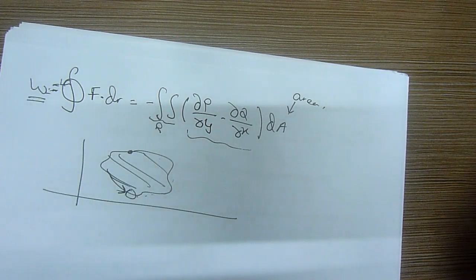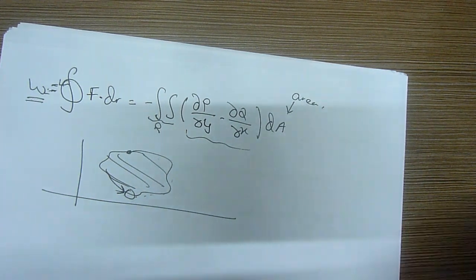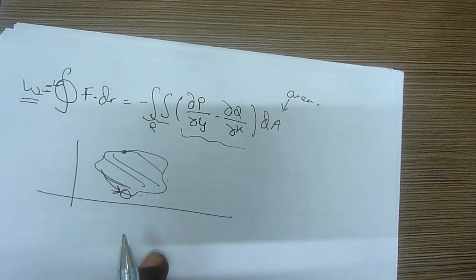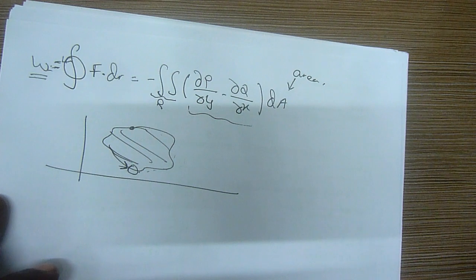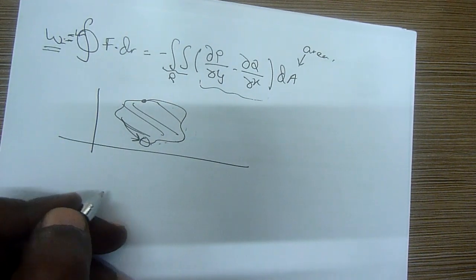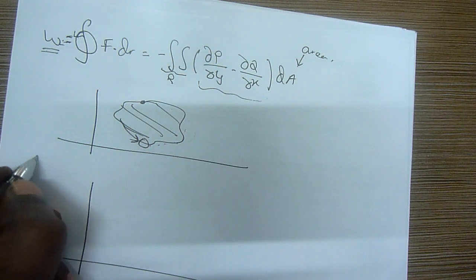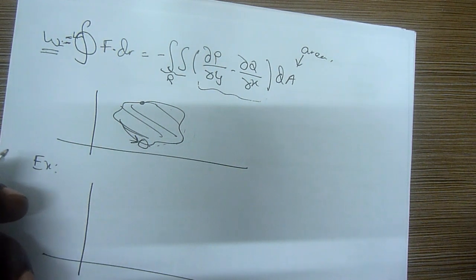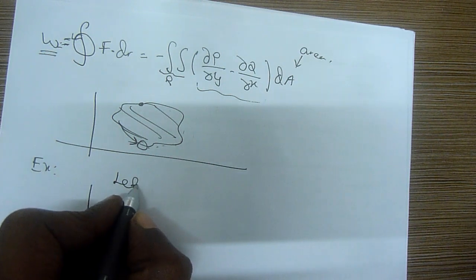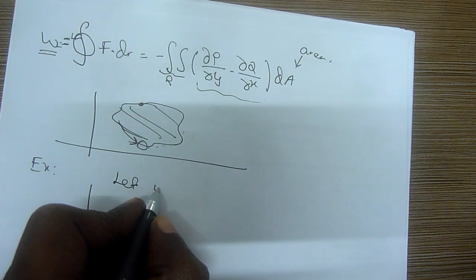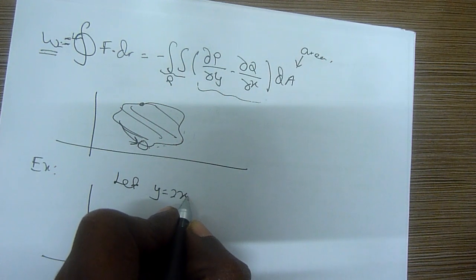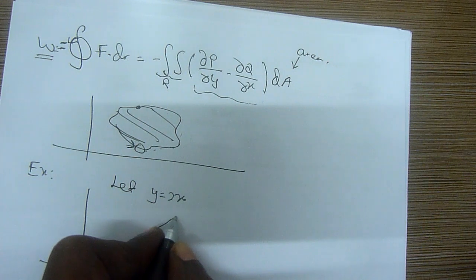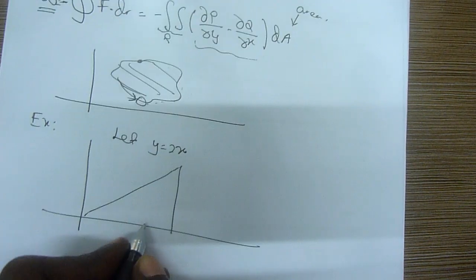Let me show you a simple example, one that I feel is very important. I can give you a scenario, whereby we take one case example. Let y equal 2x, and I'll draw it first.